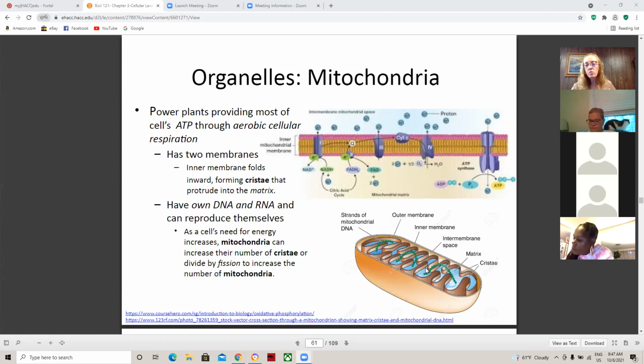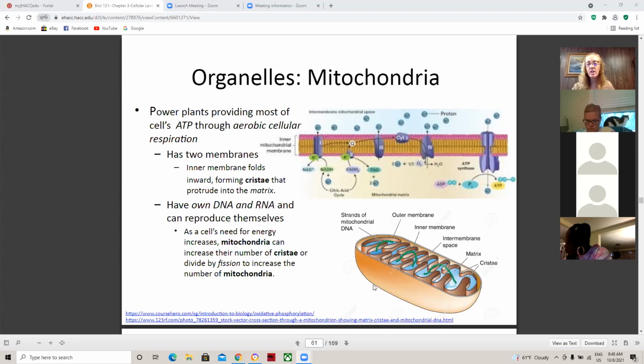One thing that's very unique to mitochondria is they have their own DNA and their own RNA. No other organelle has this.